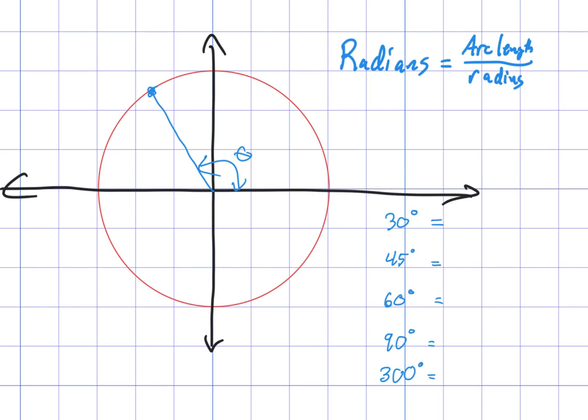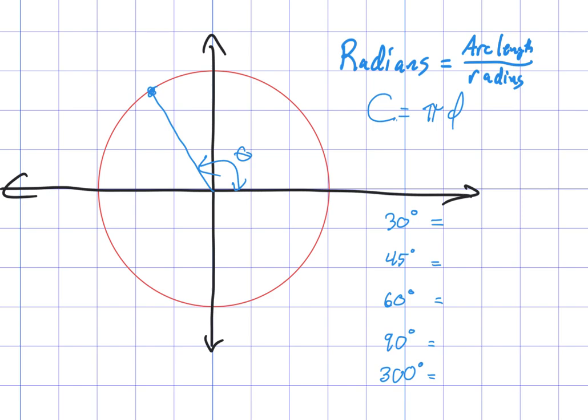Now, if you don't remember how to find arc length, some of you recall that the circumference is equal to pi d. That is the distance all the way around.